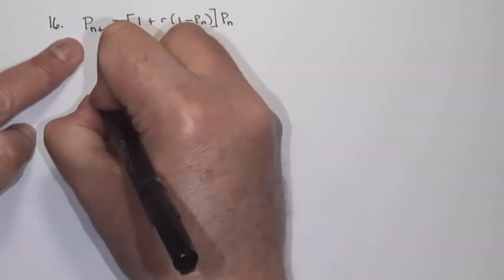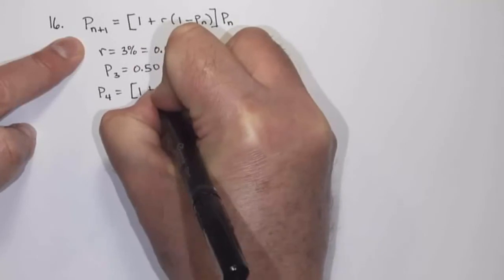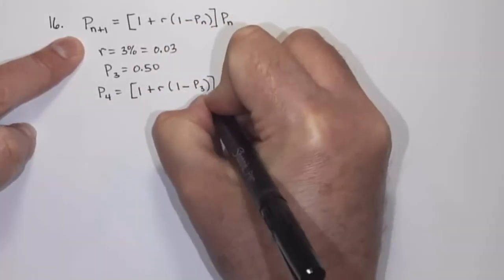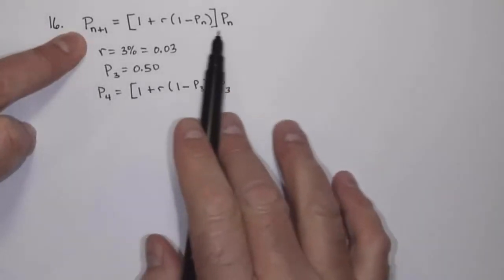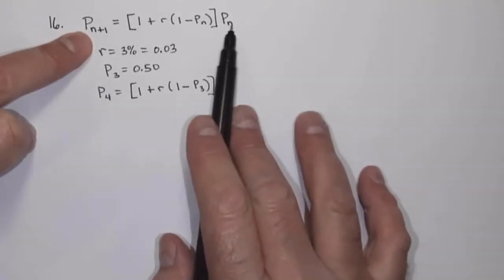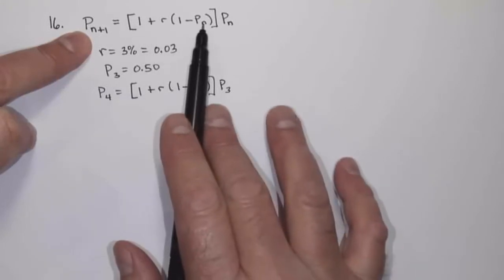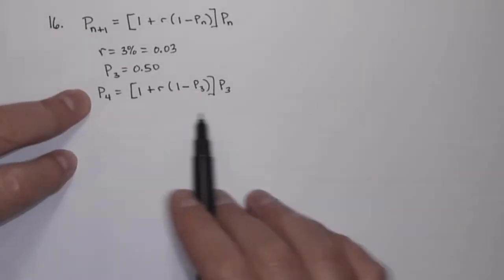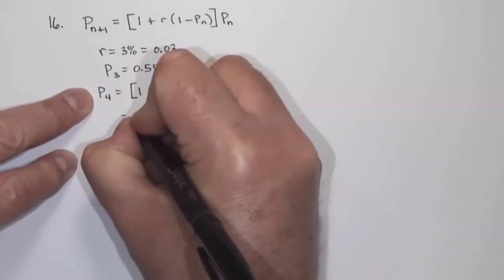Well, P of 4 is going to equal 1 plus the rate times 1 minus P of 3 all times P of 3. Okay? So that's what this formula means, right? If this is n plus 1, then this is going to be just n. So like if this is 3 here, then this is going to be 4 here. If this was 5 here, then this would be 6 here, and so on, okay? So I just need to plug my values in to figure out P of 4.